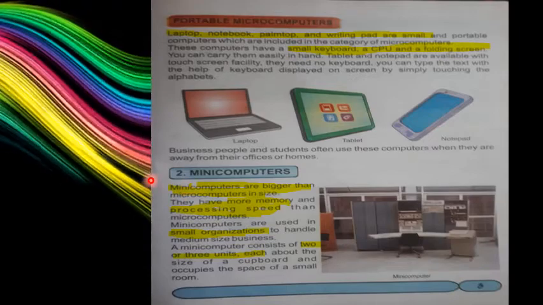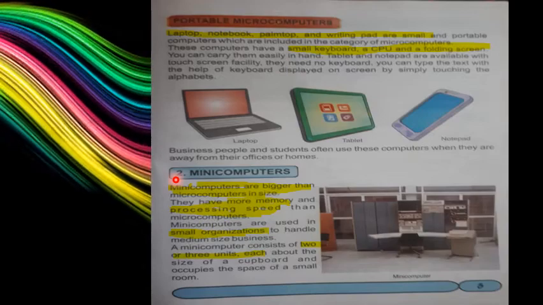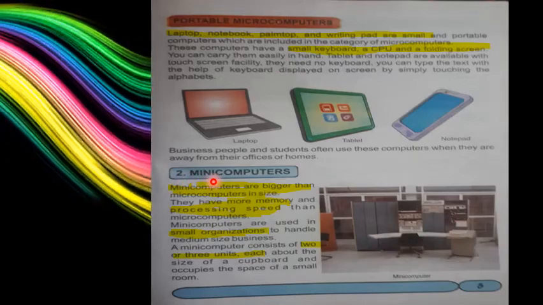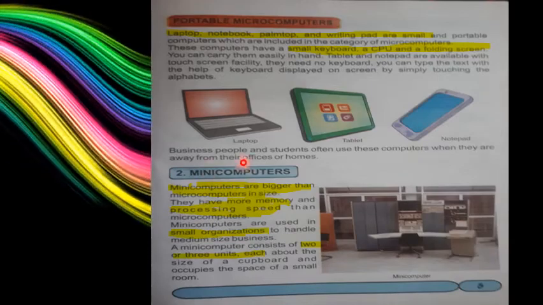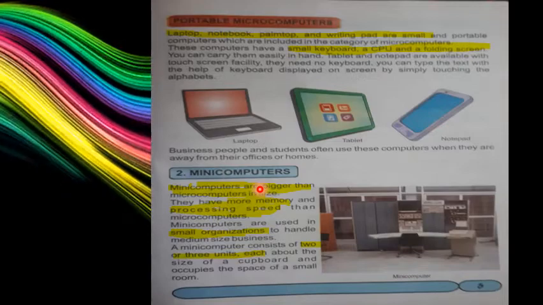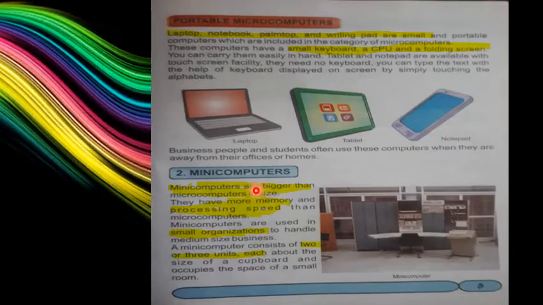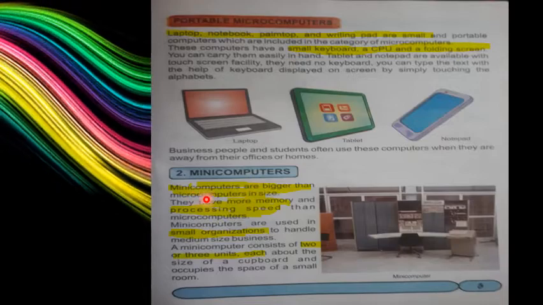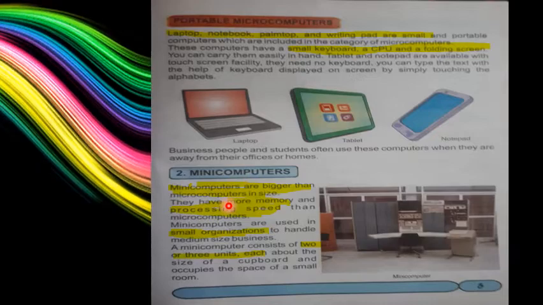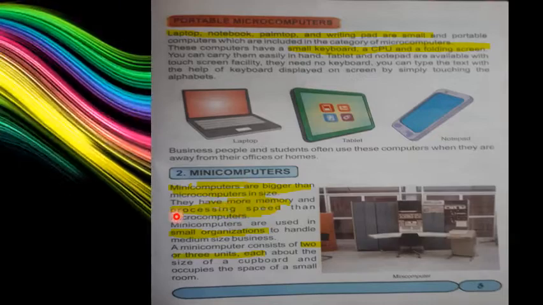Then another class, the second class of computers, is mini computers. Mini means small. So these are also small computers, but if we compare mini computers with microcomputers, they are bigger in size, and they have more memory and processing speed.